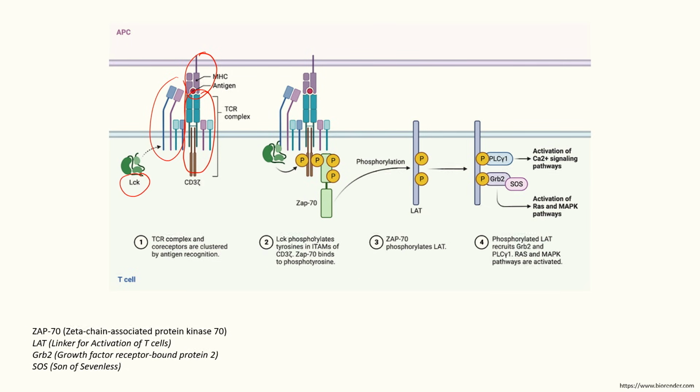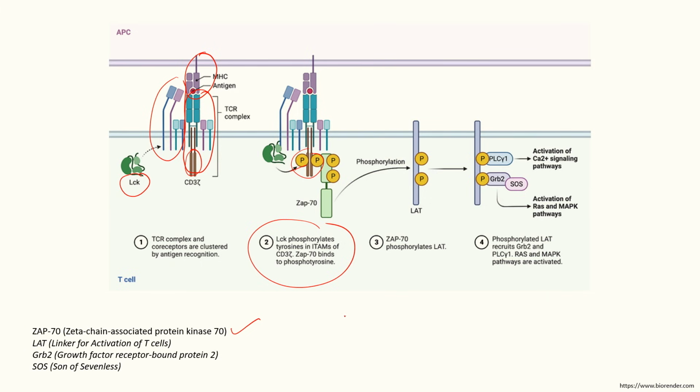So we can see in the second panel here that LCK phosphorylates the tyrosine residue which is there in the ITAM domain. So ITAM tyrosine gets phosphorylated here by LCK, and because of this phosphorylation, the very unique protein ZAP-70, which is actually zeta chain associated protein kinase 70, is coming and docking into the site.